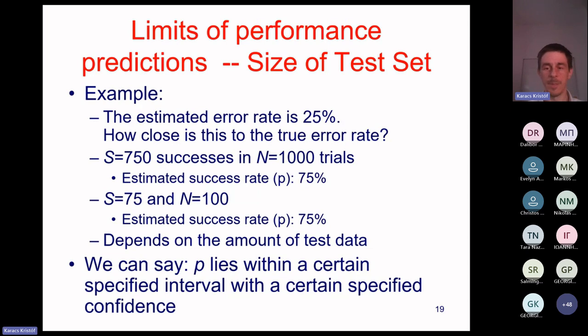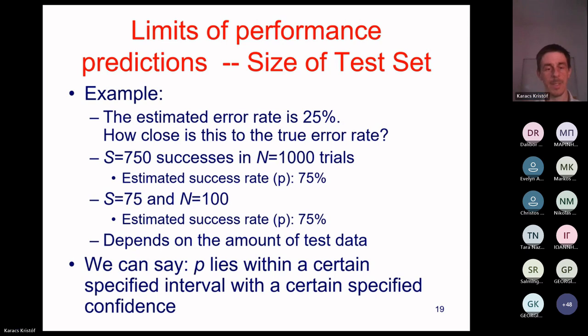So if you are interested in that, you can hear about these things in more detail in that course. So I just quickly want to mention that if you have, for example, 1,000 trials and 750 are predicted successfully, then this is the same success rate as if you predict 75 correctly out of 100 samples.